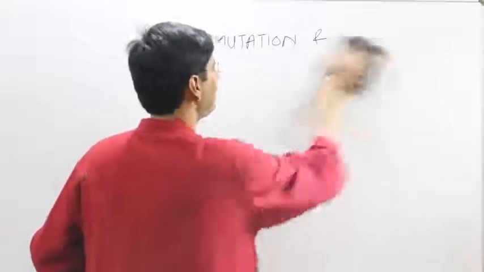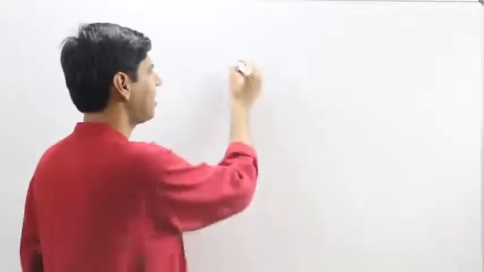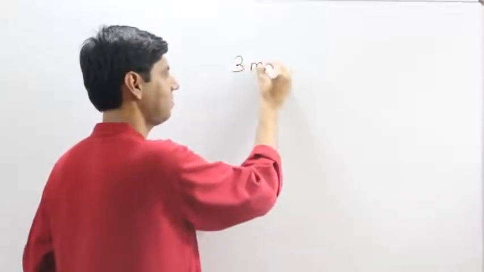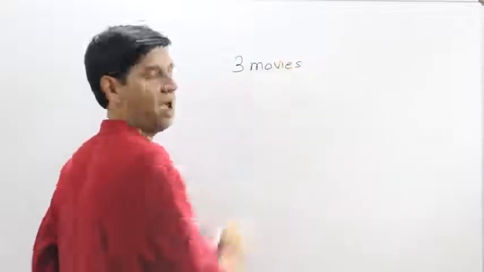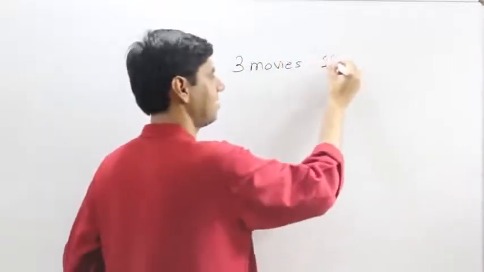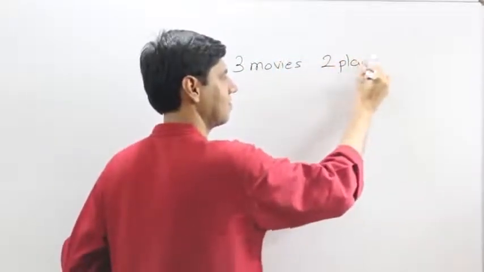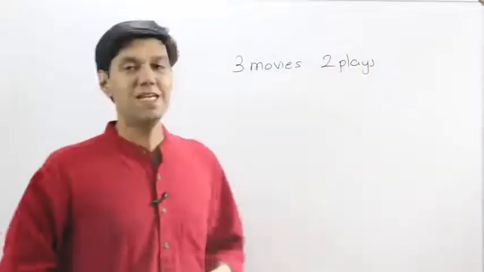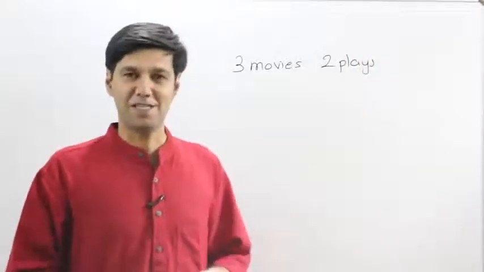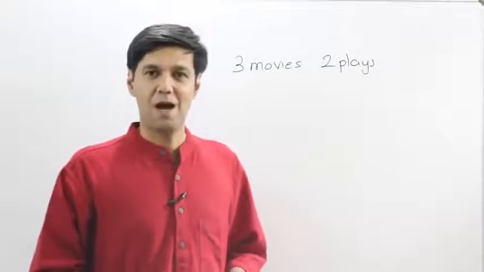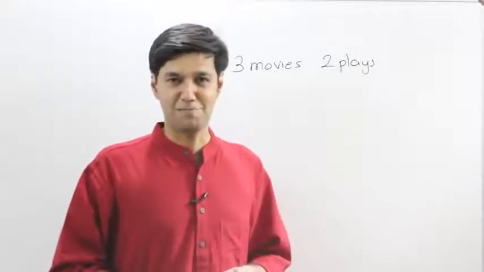So let's say I go to an entertainment mall and there are 3 movies which are playing and there are 2 plays. Let's say I want to entertain myself and I want to go and watch a show at one particular time slot.